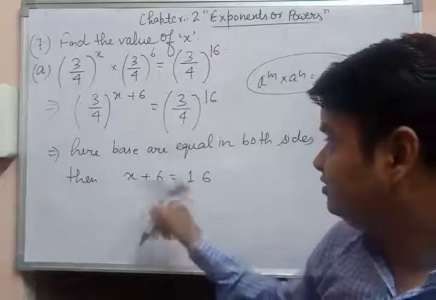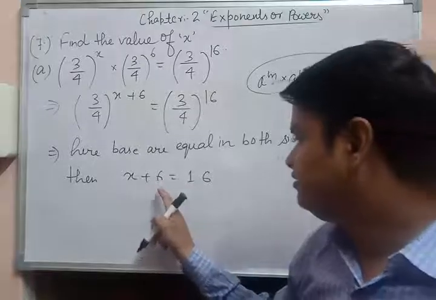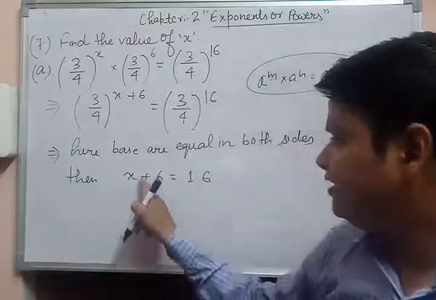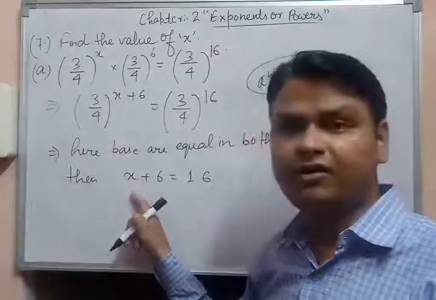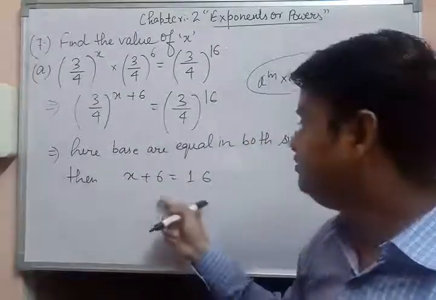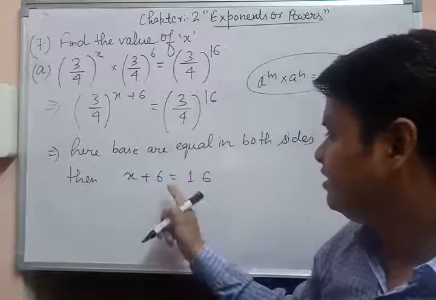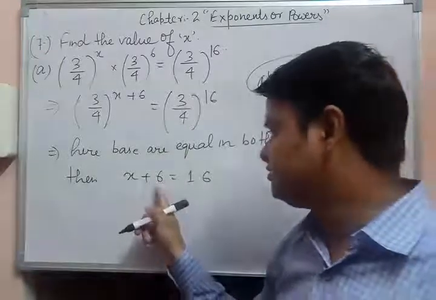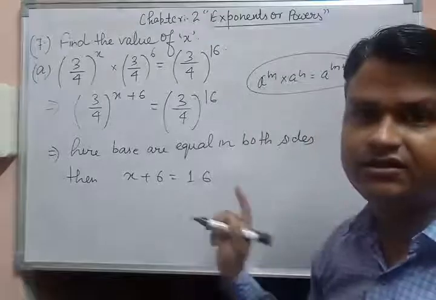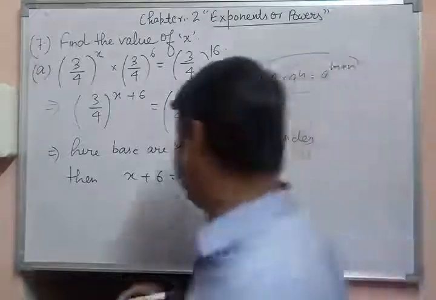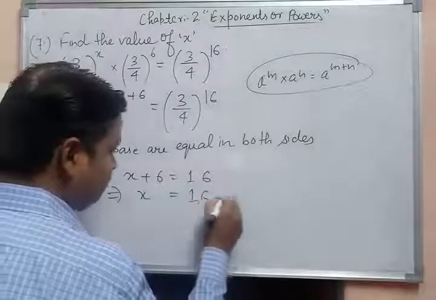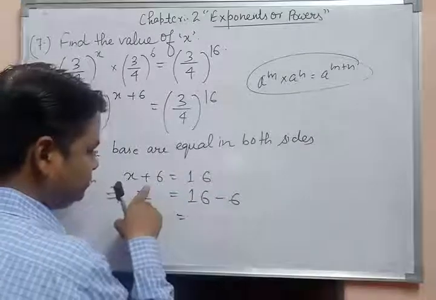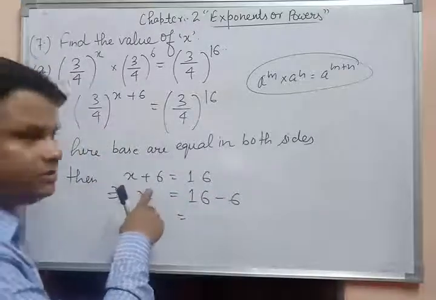This method says that if you are finding the value of variable x or another variable, then first of all you have to transpose the constant to the LHS or RHS side. So we are shifting 6 to the other side, then the sign of 6 will be changed.